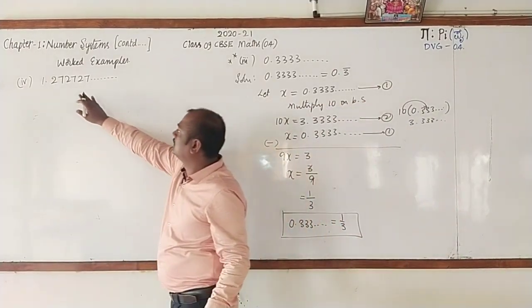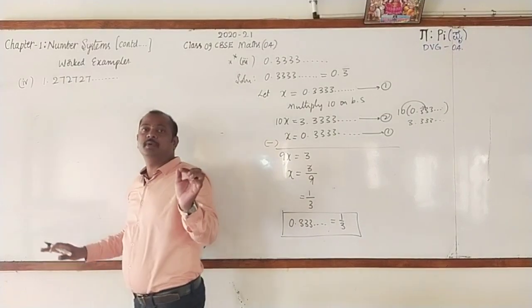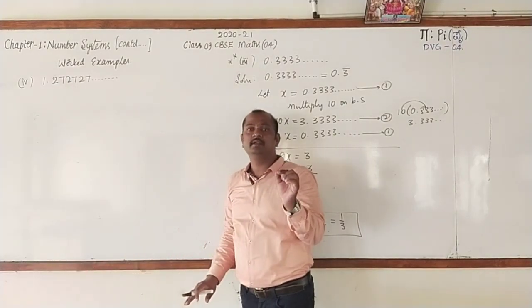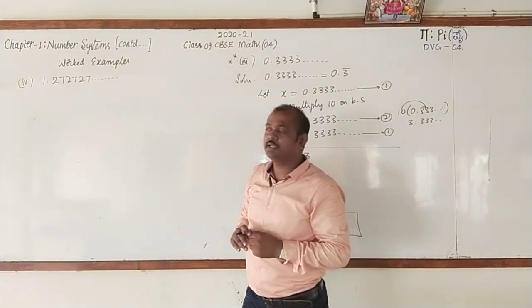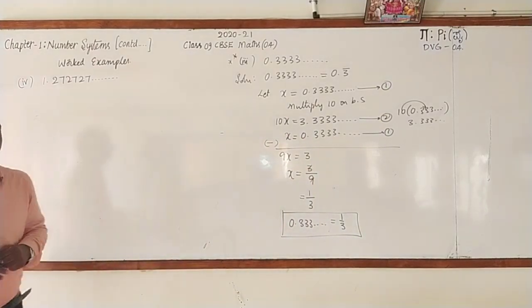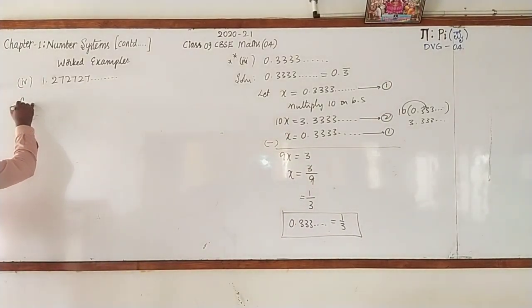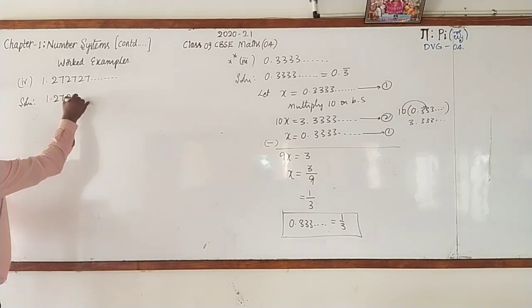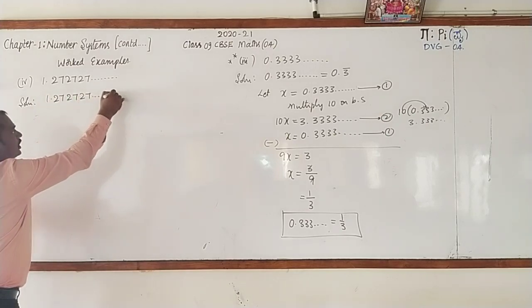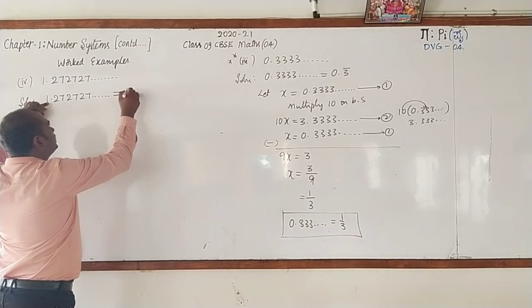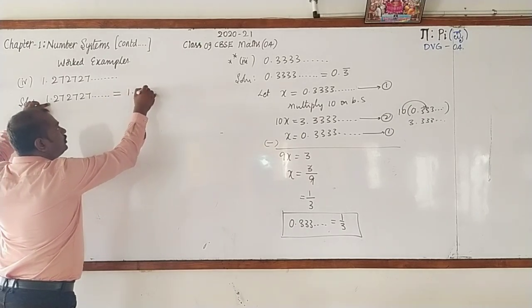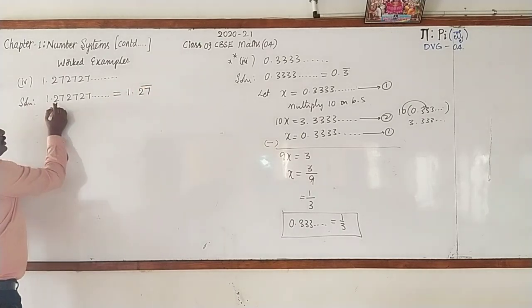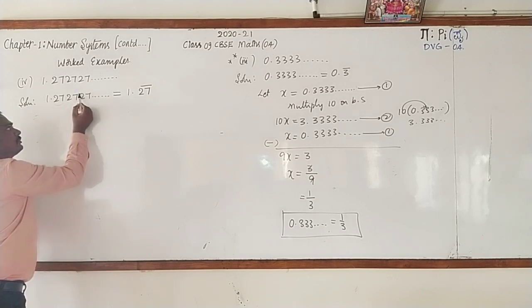Express this number in the form of P by Q, where P and Q are integers and Q is not equal to 0. Now, here I will write 1.272727 and so on. It can be written as 1.27 bar because two digits are being repeated.